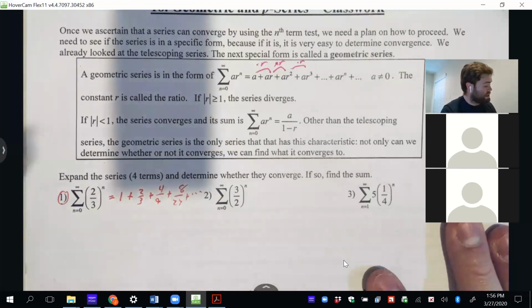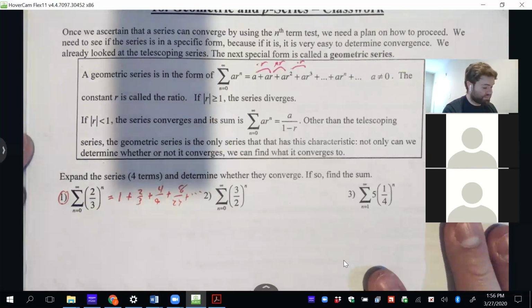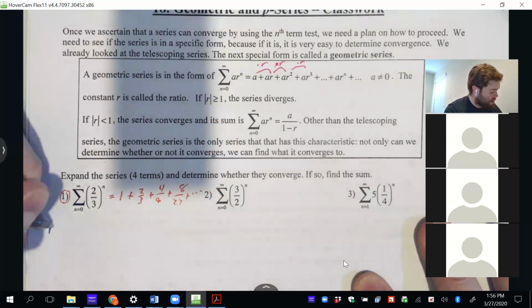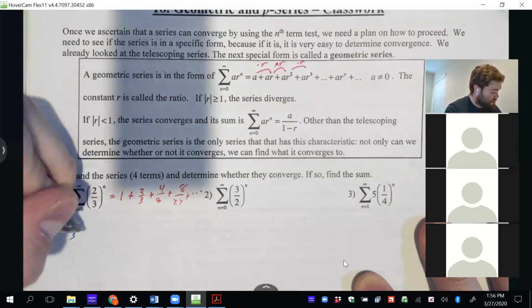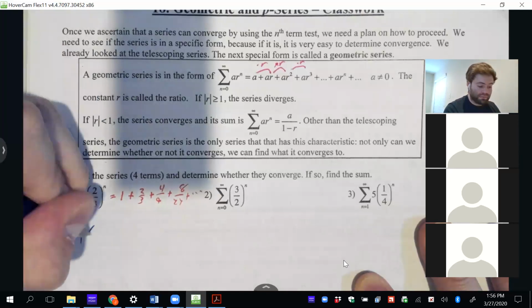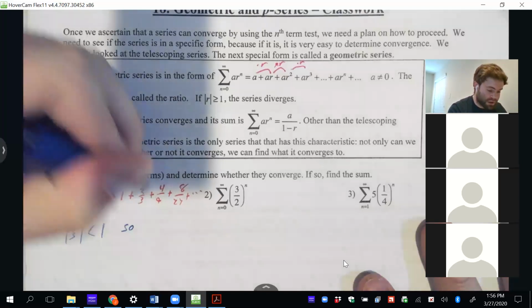So what is the common ratio here that it's getting multiplied by every single time? 2/3. Yep, it is 2/3. So R is 2/3, which is less than 1, so it will converge.